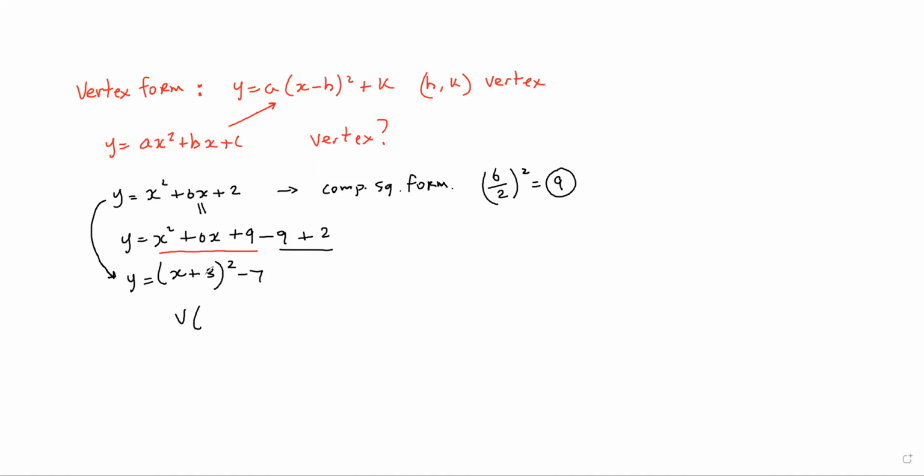Our vertex has x-value minus 3 from here, because that's plus. Remember, x plus 3 is x minus negative 3. So our h value is minus 3. Basically change that sign, that's all you need to do. And then this is minus 7. So this is your vertex. This is one way to get the vertex from this form.